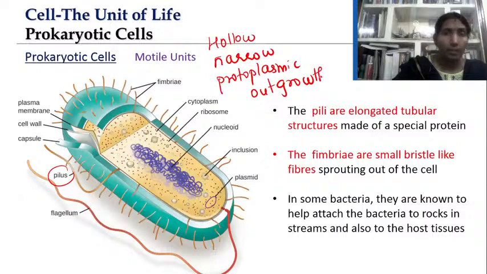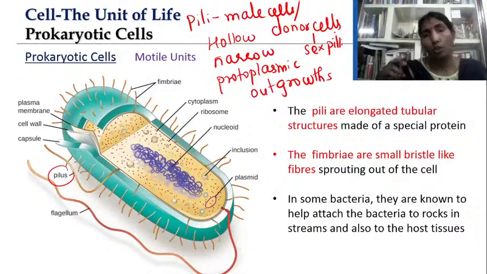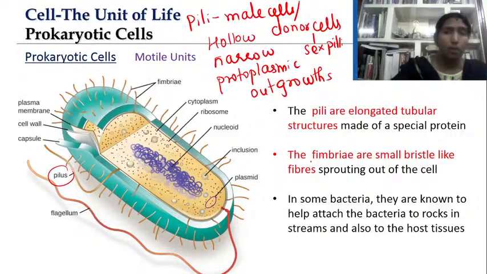In some of the bacteria, these pili, we call them male cells or donor cells. They have a major role as sex pili in conjugation. I hope you have heard about conjugation tube formation. So pili play a very important role. They are made up of a special protein.